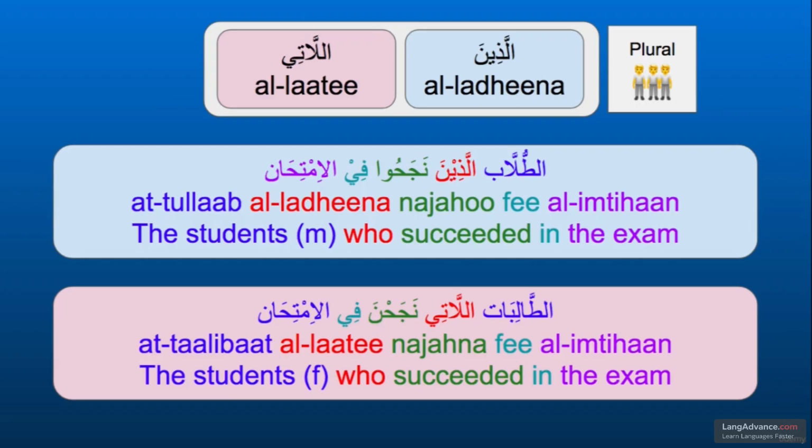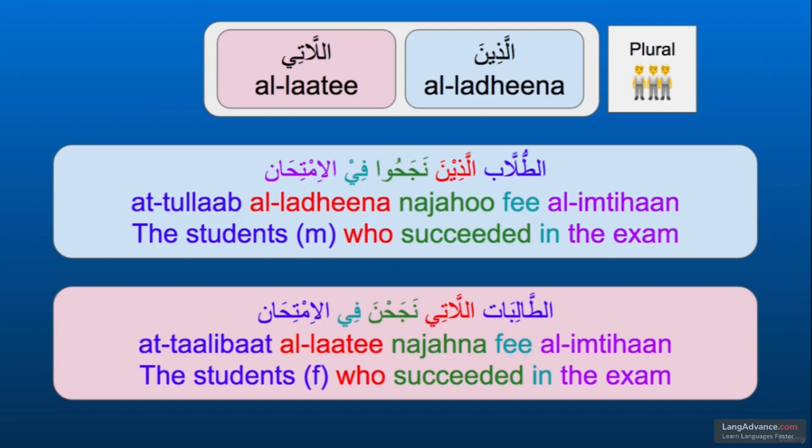So الطلاب is the students, the male students. الذين, who. نجحوا, succeeded in the past plural third person male form, in في, and الامتحان is the exam.